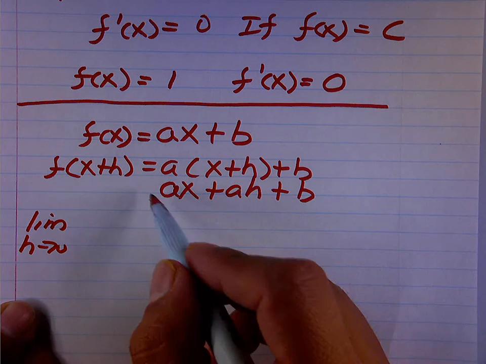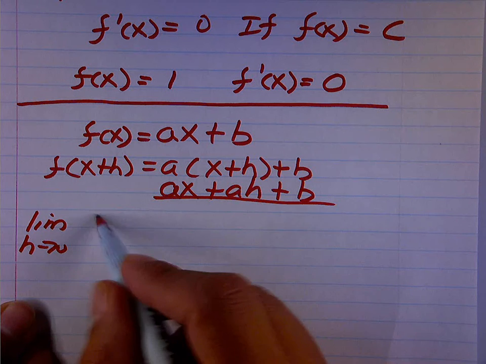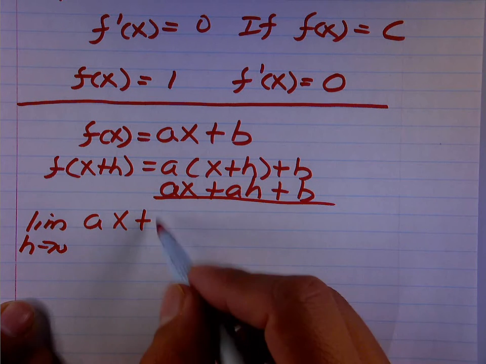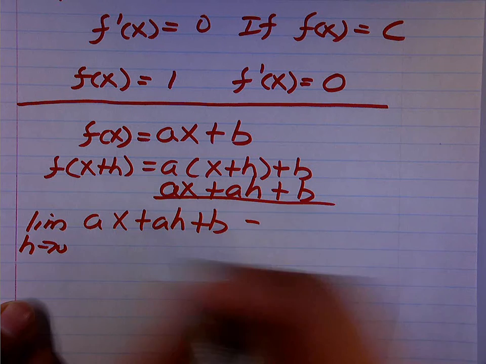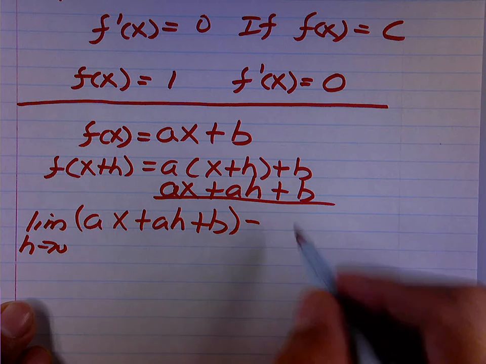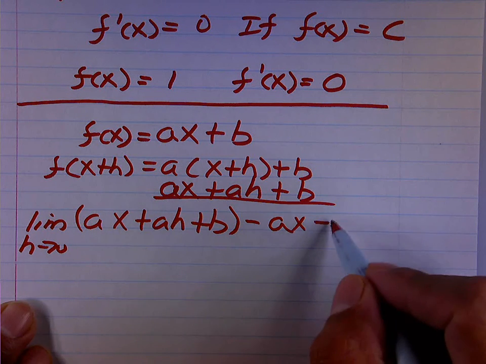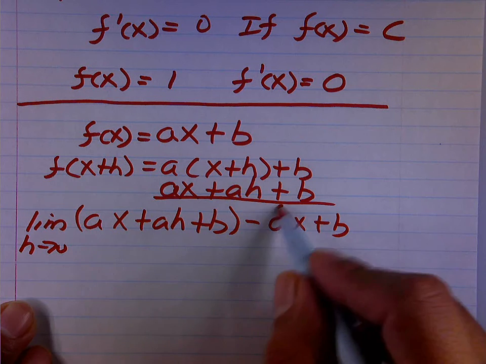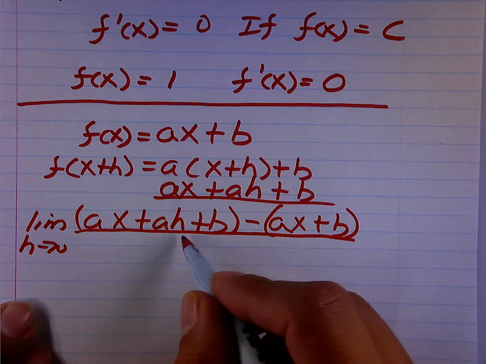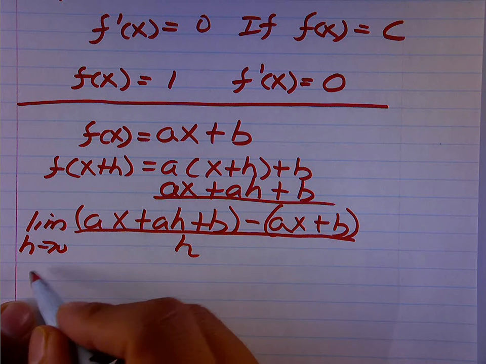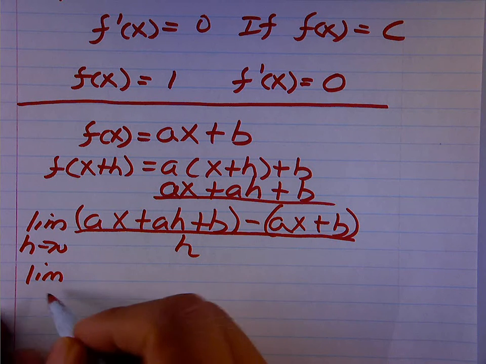Then I'm going to take the limit as h goes to 0 of f of x plus h minus f of x over h.